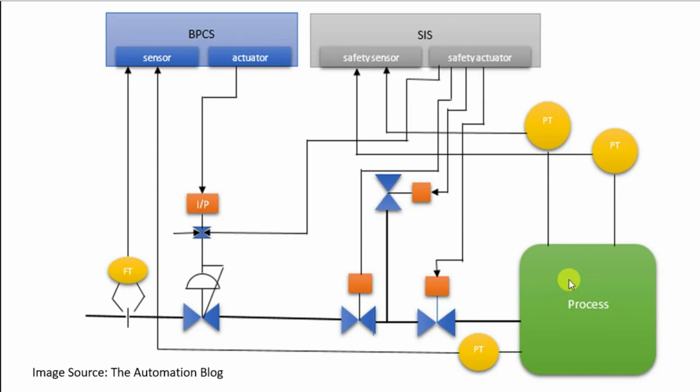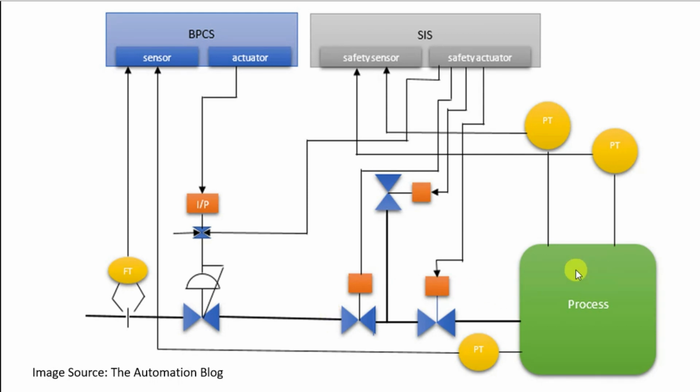So when the pressure inside the vessel keeps on increasing due to some reason, for example, this basic process control system is giving a command output and the valve is not able to close. For example, sensing the pressure getting high, there is a command going from the basic process control system processor to close the pressure control valve, but due to some internal fault or whatever reason, this valve is not closing and thereby the pressure inside this process gets high.